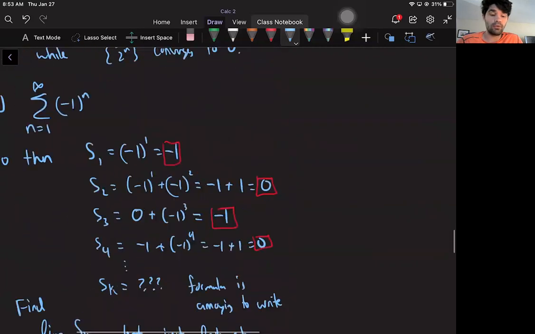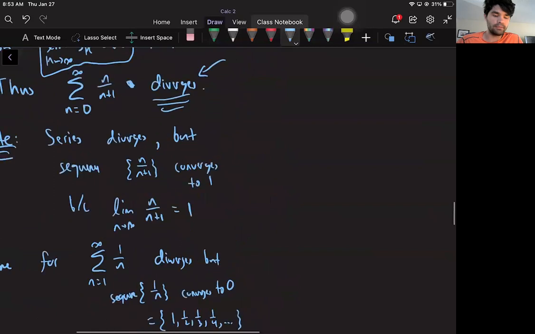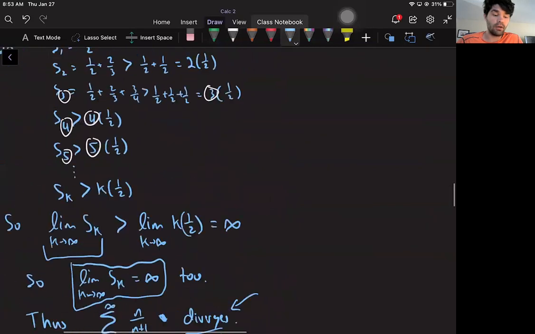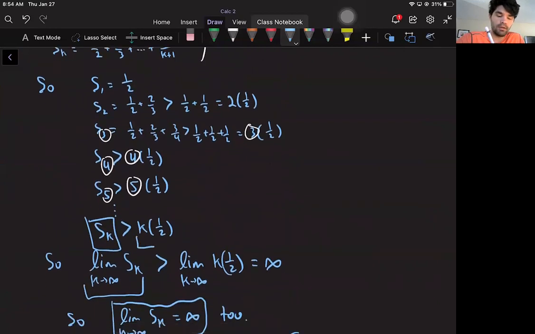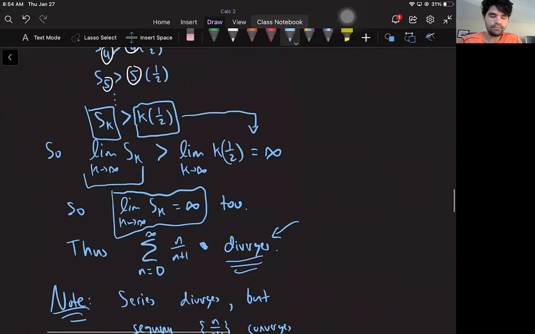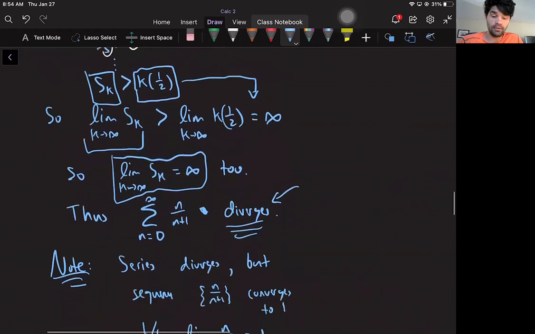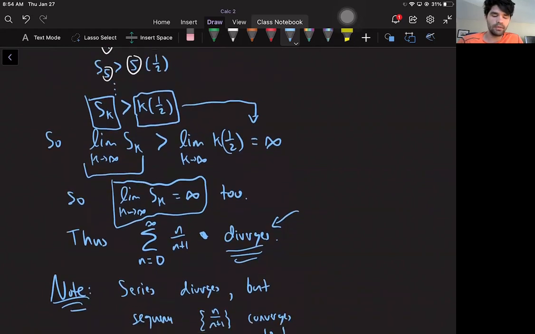Or in the example before that, not touching SK at all and not ever figuring out a formula for it, but instead figuring out that it's bigger than something with a nice formula, and then taking the limit of that nice thing. Since SK is bigger than that, the limit is bigger than whatever that limit is. In this case, it was infinity. So this limit had to be infinity too, which means that the series diverges.